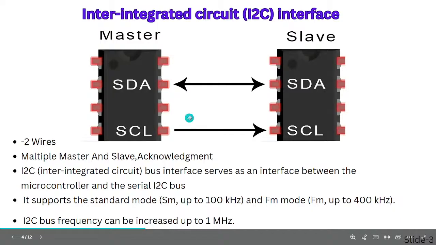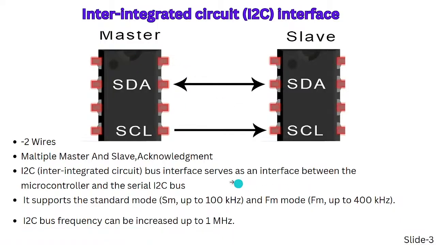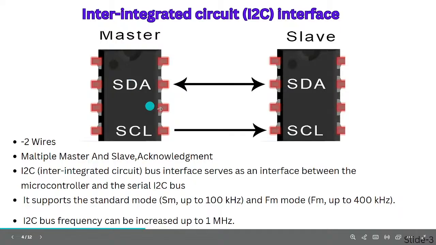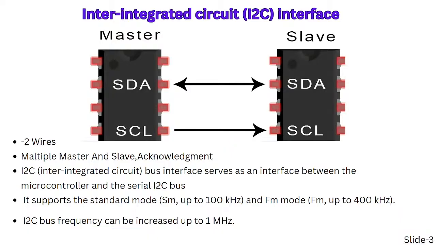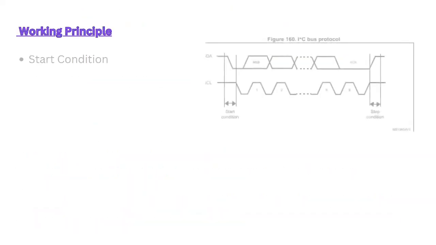I2C is a bus interface between the microcontroller and the serial I2C bus. It supports only two modes, SM and FM. SM is up to 100 kilohertz, FM up to 400 kilohertz, and the I2C bus frequency can be increased up to 1 megahertz only. Remember these things. Now we can move to other points.